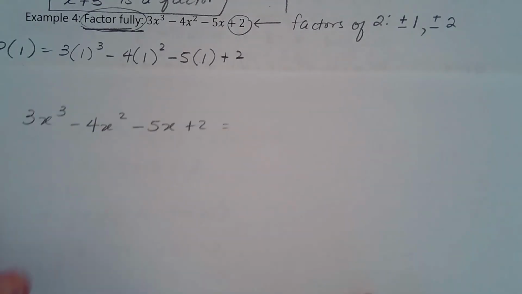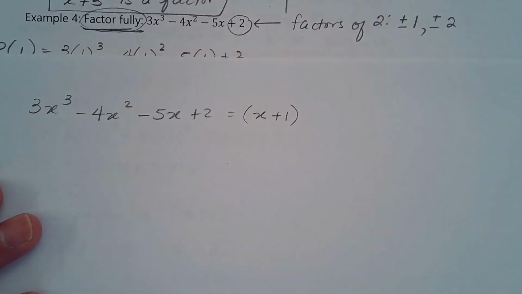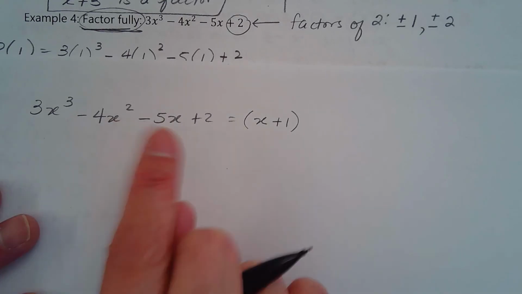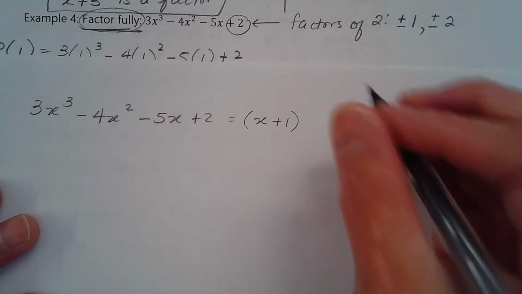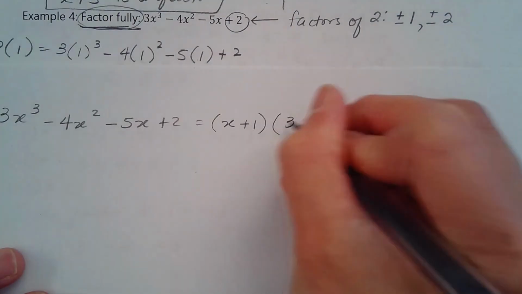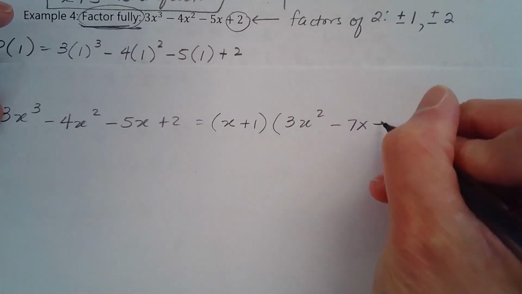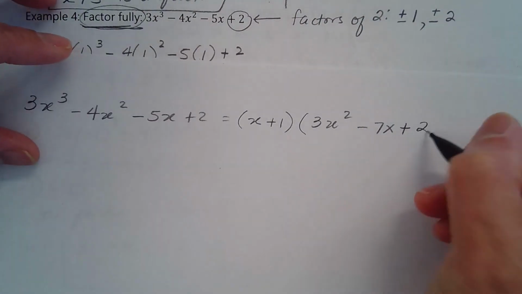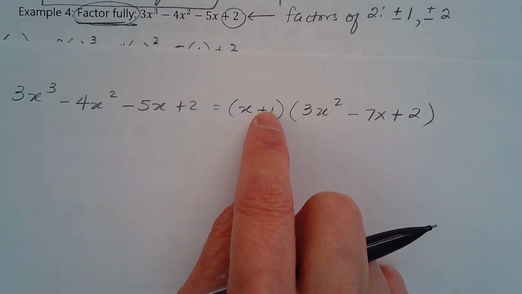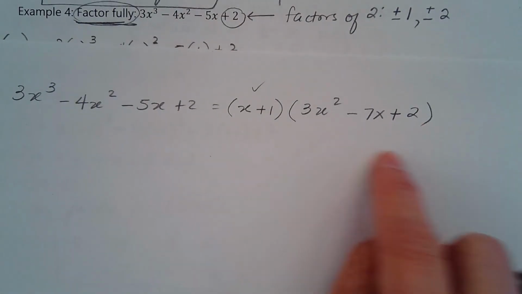We know that one of the factors is x plus 1, so x plus 1 times something will give you that. If we divide by that, the remaining is 3x squared minus 7x plus 2. Because we have to factor fully, x plus 1 is factored already. Now, can we factor this one?